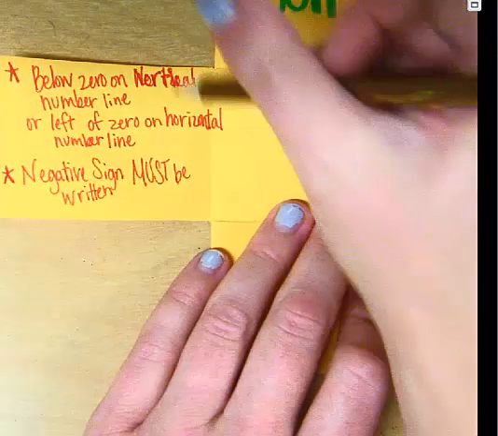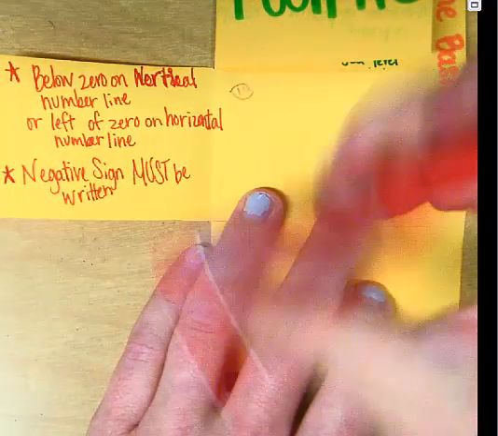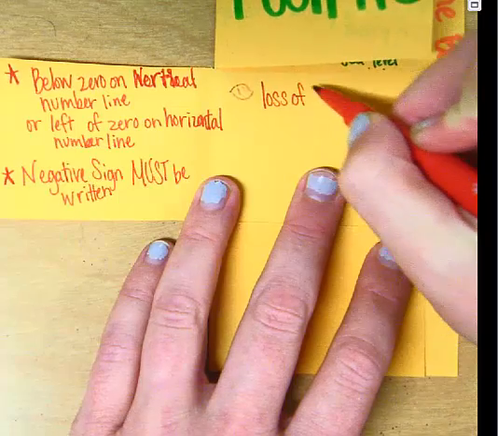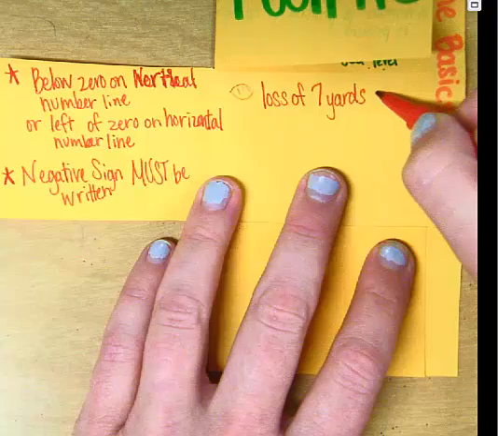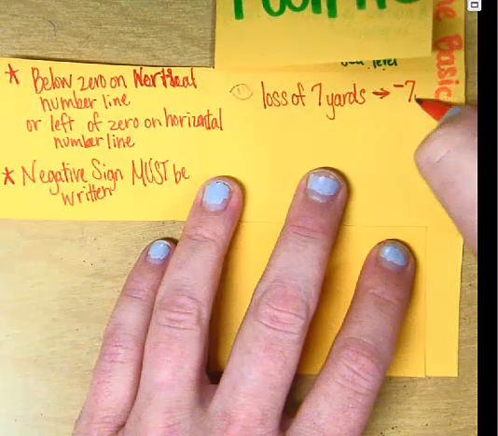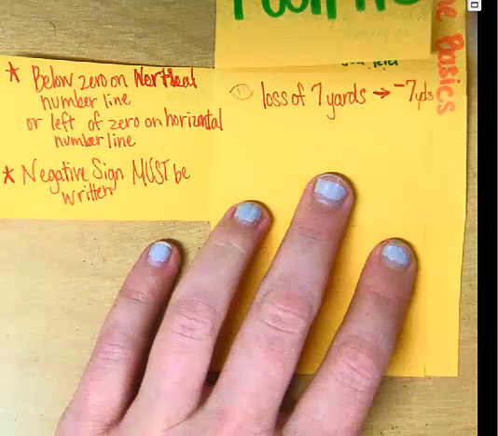So if we're talking about football, if your team has a loss of 7 yards, we would write that number as -7 yards. And that's a bad thing if that's your team.